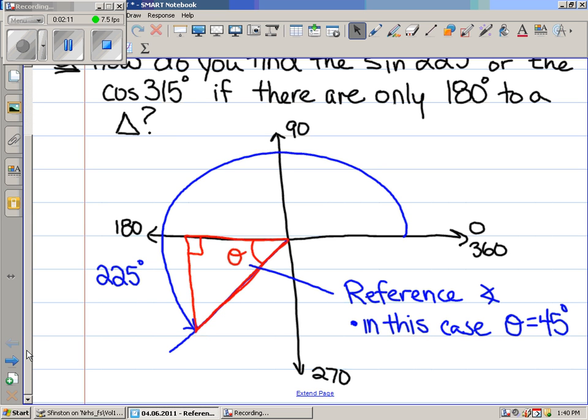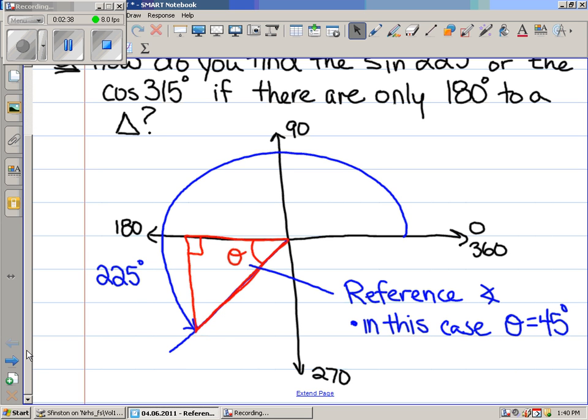And so let's talk about this a little bit. If theta is 45, what's the sine of 45 degrees? The sine of 45 degrees is root 2 over 2. And somehow, when you punch sine 225 into your calculator, you got negative root 2 over 2, right?